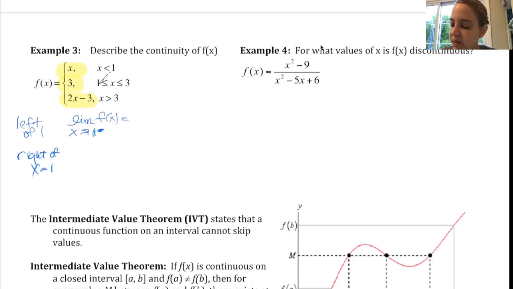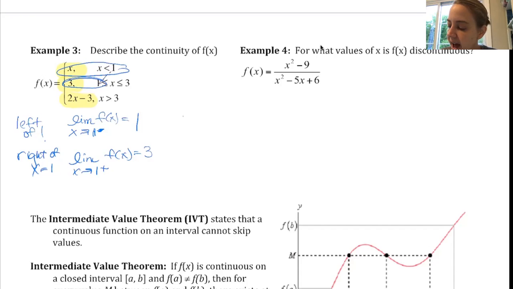So I'll put this 1 into the first piece is 1. The limit as x approaches 1 from the right, I'm going to use this piece because it's on the right-hand side of 1, f of x is equal to 3. There we go. And we're going to do it again around the 3, and then I'll tell you what these things mean. We'll talk about that a little bit.